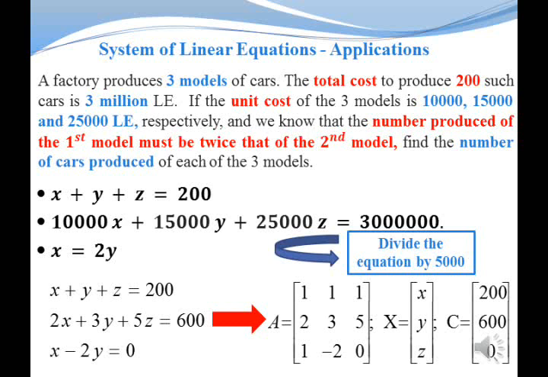We said that the total cost is equal to 3 million, so our second equation will be 10,000, which is the cost of producing one unit from the first model, times the number of units produced from model 1, plus 15,000, the cost of producing one unit from the second model, times the number of units produced from model 2, plus 25,000, the cost of producing one unit from the third model, times the number of units produced from the third model.